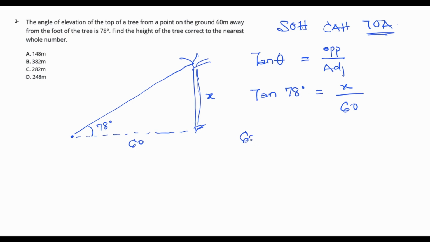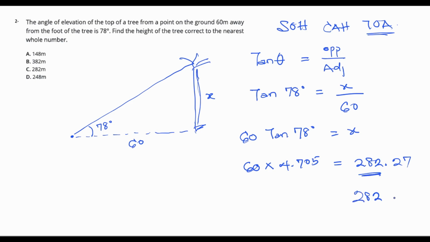And so 60 tan 78 degrees is equal to x. So tan 78 degrees is equal to 4.705. And 60 multiplied by 4.705 would give you 282.27. So if we approximate that to the nearest whole number, that just leaves us with 282 meters. And so the right answer here is C.